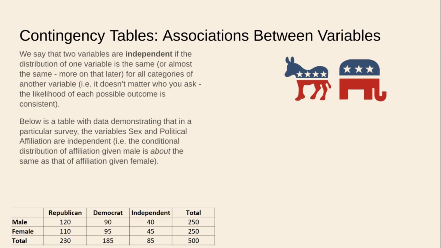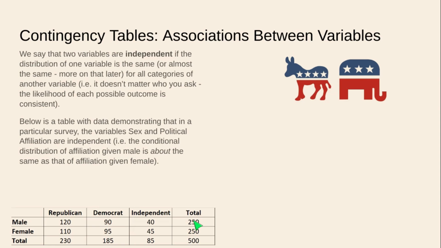So in this table right here, let's look at affiliation given male. So we're going to live in the world of male right now. And let's look at these proportions. We have 120 out of 250 being Republican, 90 out of 250 being Democrat, and 40 out of 250 being independent. We are in a red part of the country, you might say.